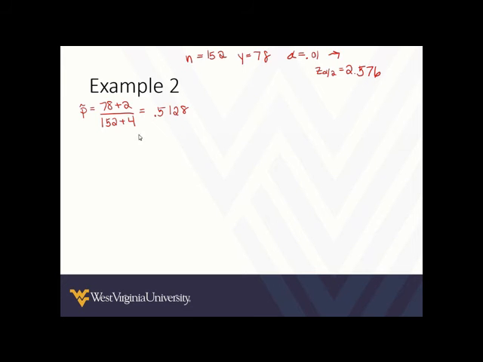And now if we construct our confidence interval, we have 0.5128 plus or minus 2.576 multiplied by the square root of 0.5128 times 1 minus that, which would be 0.4872, all over 156. Remember, 152 plus 4 would be 156.